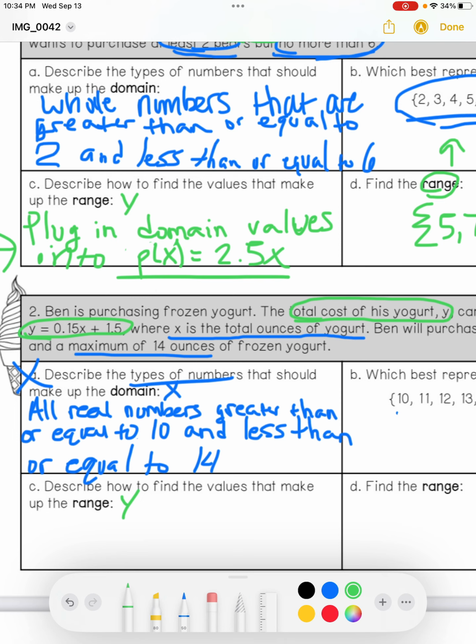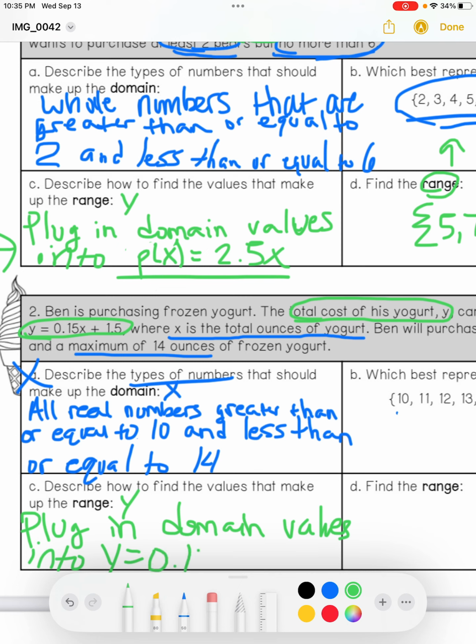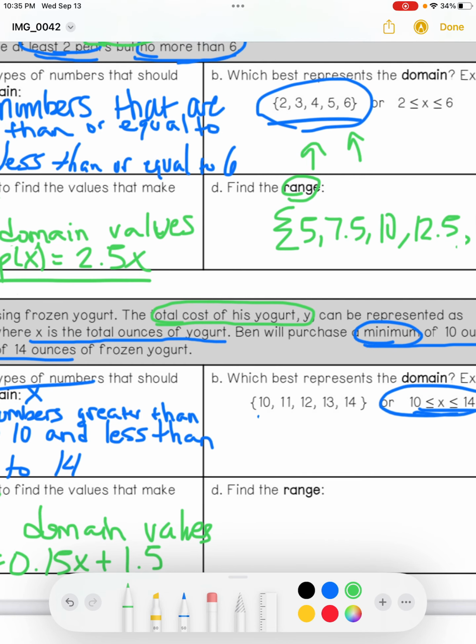What's my lowest cost and what's my highest cost? That's what my range is going to tell me. But how am I going to get that? I'm going to plug in, just like before, the domain values into the equation, which in this case is y equals 0.15x plus 1.5. All right?